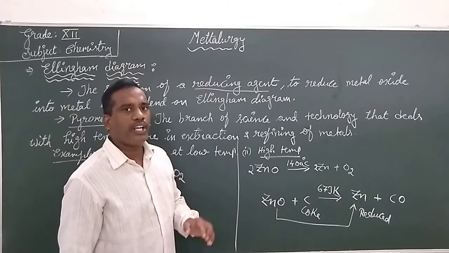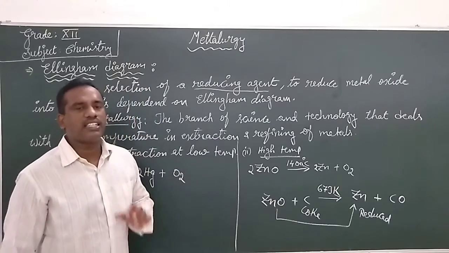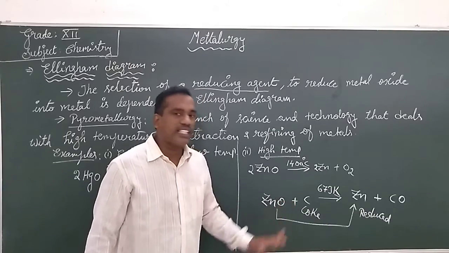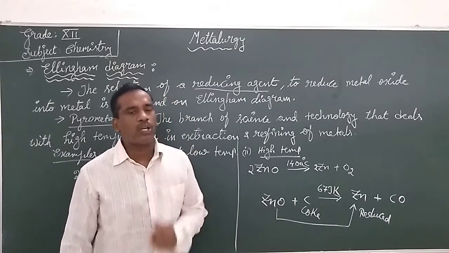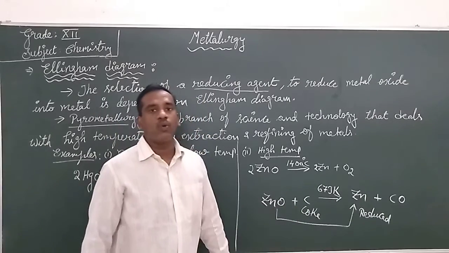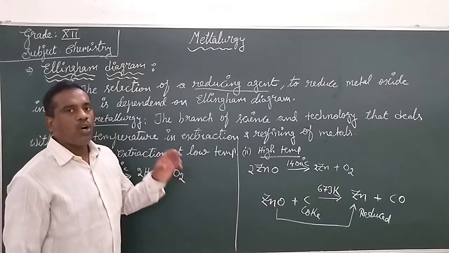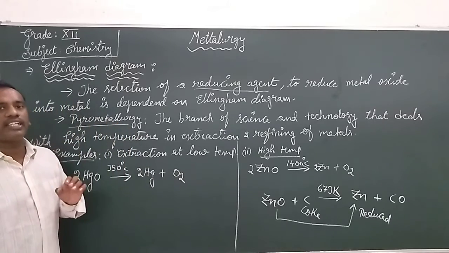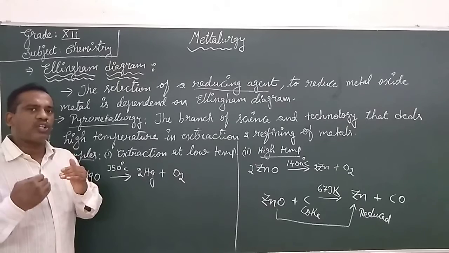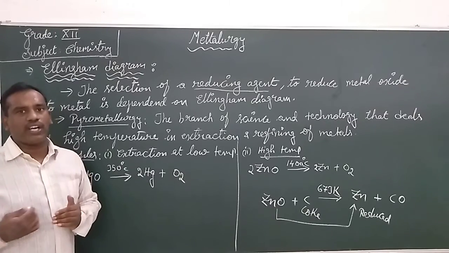How much is it? Around only 400 degrees Celsius. So we are able to achieve this reaction at a very low temperature by the use of a reducing agent, and thus keep the extraction of metal cost efficient.